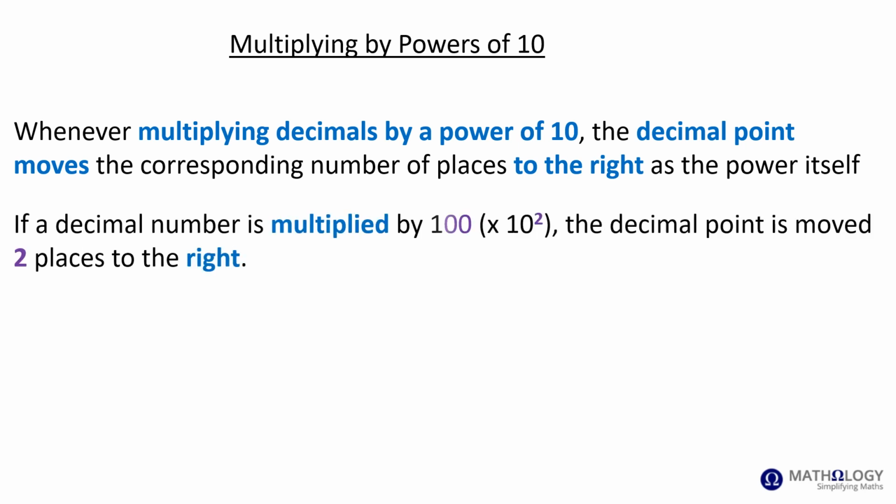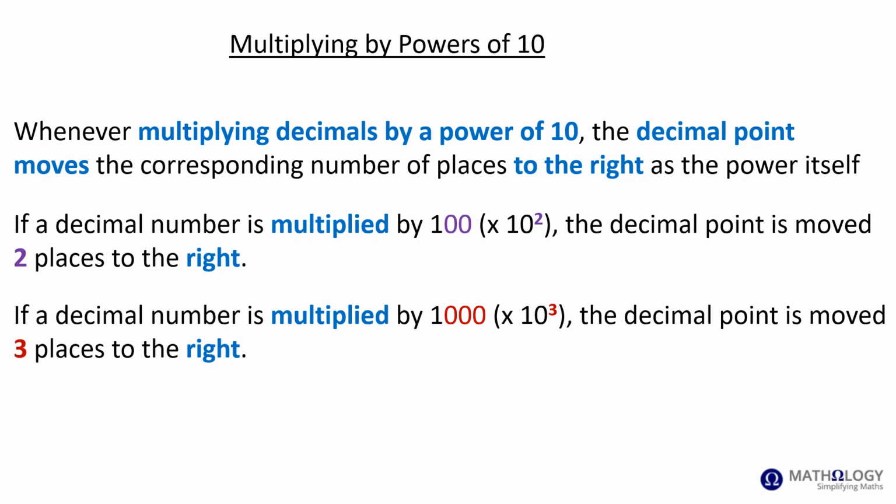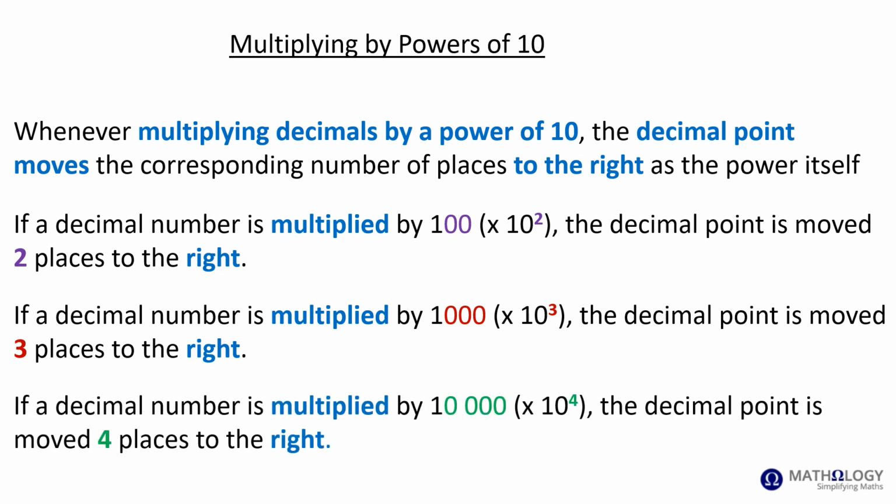If a decimal number is multiplied by 100, which is 10 squared, the decimal point is moved 2 places to the right. If a decimal number is multiplied by 1000, or 10 cubed, the decimal point is moved 3 places to the right. If a decimal number is multiplied by 10,000, or 10 to the 4, the decimal point is moved 4 places to the right.